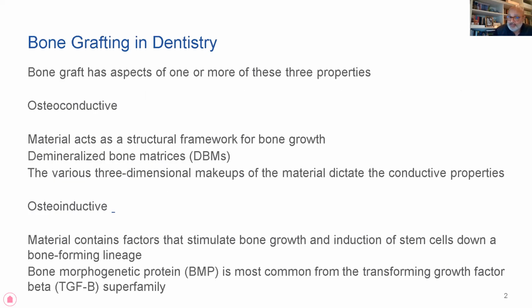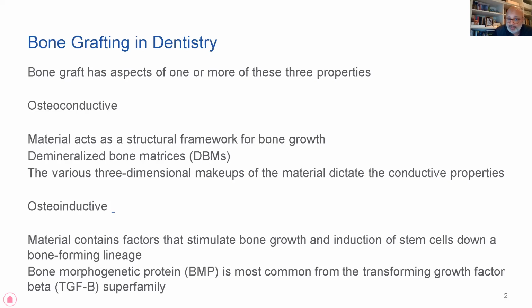Okay, so bone grafts have aspects of one or more of these properties, as I said. Osteoconductive material basically acts as a structural framework for bone growth. Demineralized bone matrices, with their various 3-dimensional makeups, have osteoconductive properties. Osteoinductive material actually contains factors that stimulate bone growth and the induction of stem cells down a bone-forming lineage.